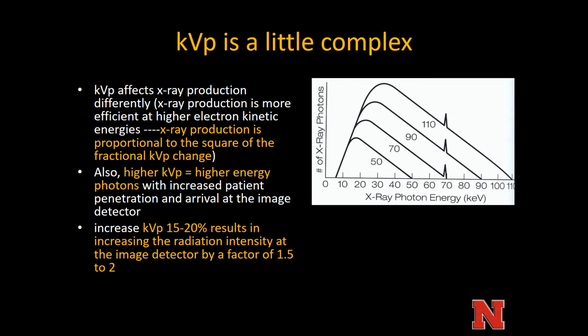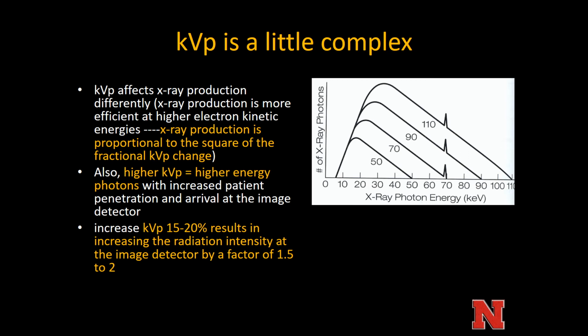So it's an exponential process. Also, the higher the kVp, the higher the energy of the photons produced, and those have increased patient penetration and arrival at the image detector. So if you make functionally more energetic photons, more of them on average will reach the image detector because they'll travel through everything because they have a higher functional energy.